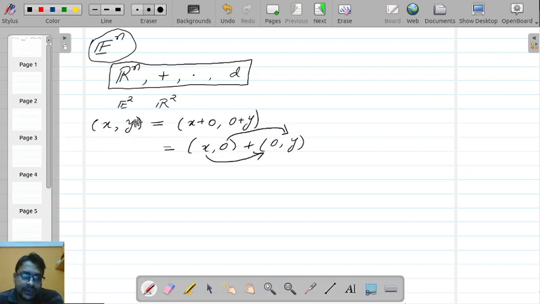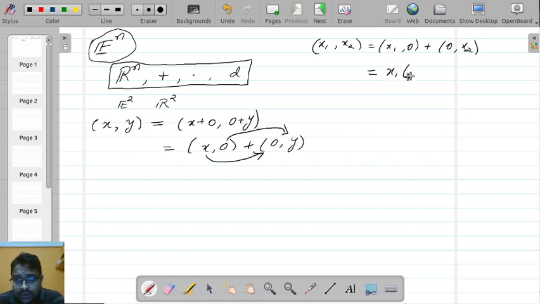So (x, y) in R square can be written as (x, 0) plus (0, y). Or in our notation, (x1, x2) in R square can be written as (x1, 0) plus (0, x2). This can always be written. In the next step I can take this x1 outside by the property of scalar multiplication: x1 into (1, 0) plus x2 into (0, 1).